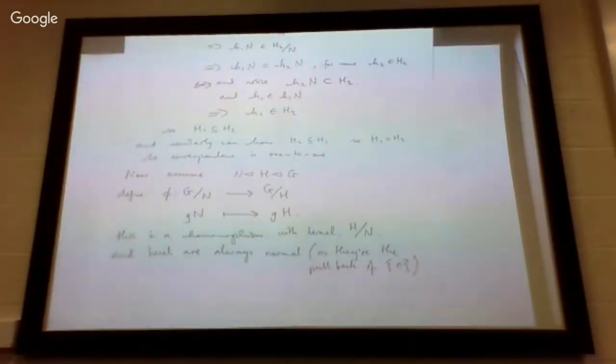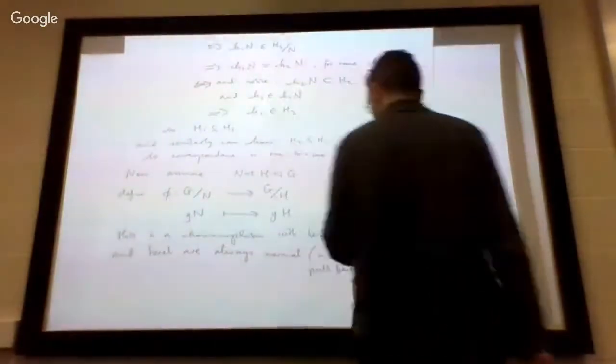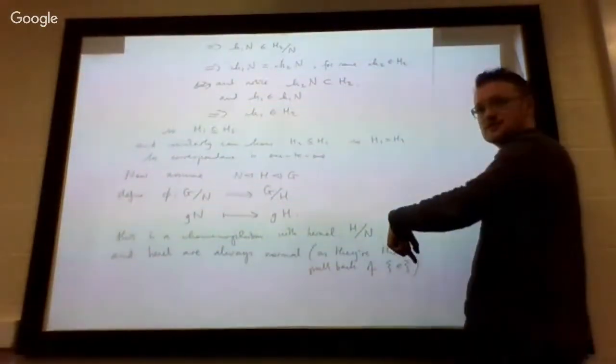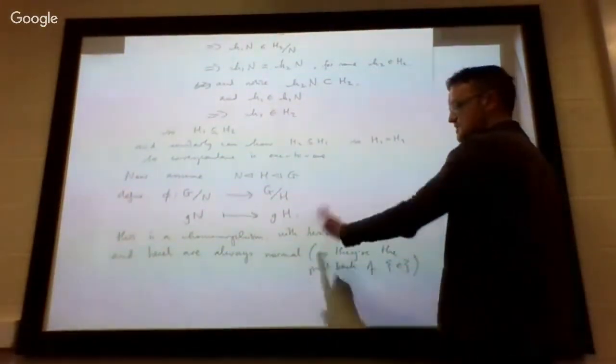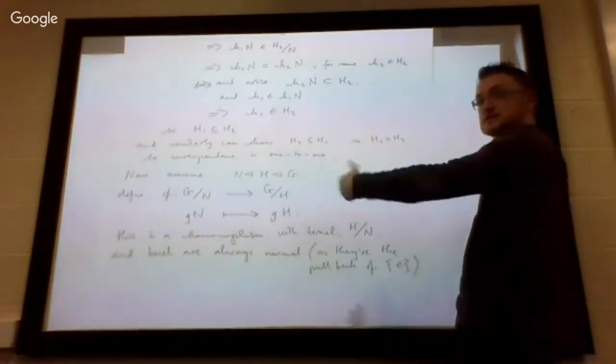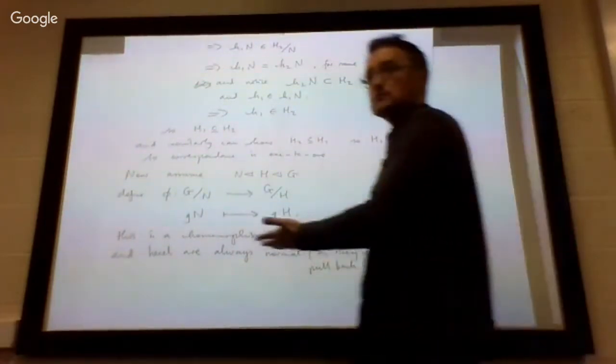Kernels are always normal. So if H was normal, this means this subgroup that H corresponds to, this subgroup of G mod n, because it's a kernel of a homomorphism, means it's normal.